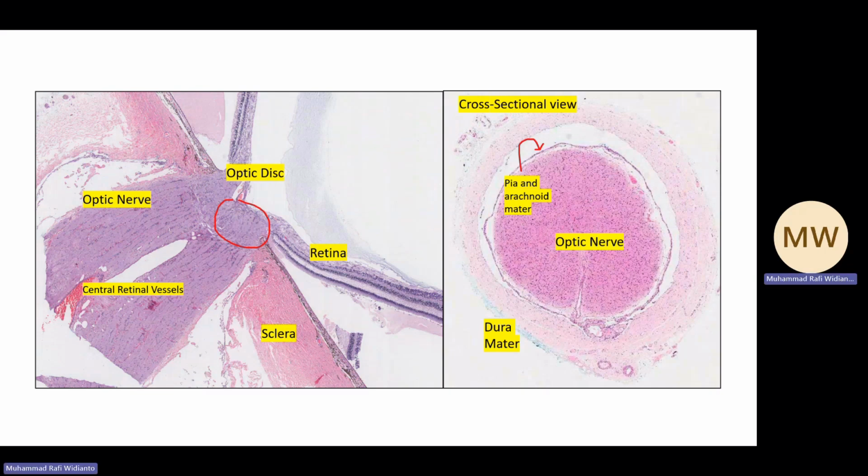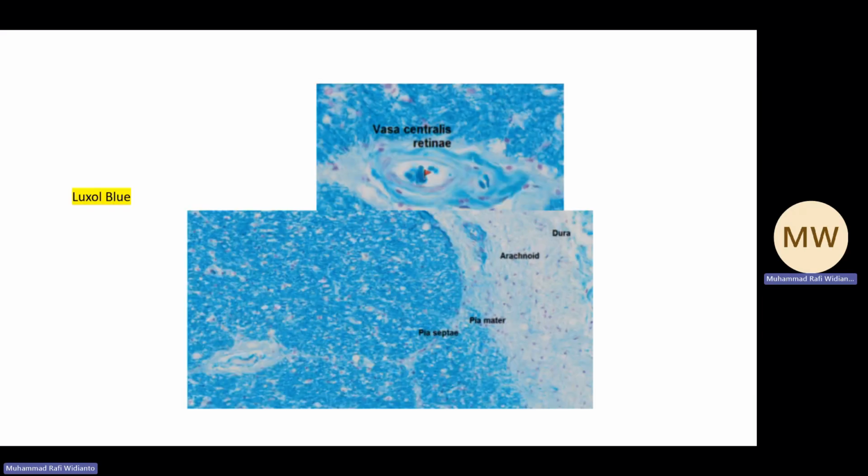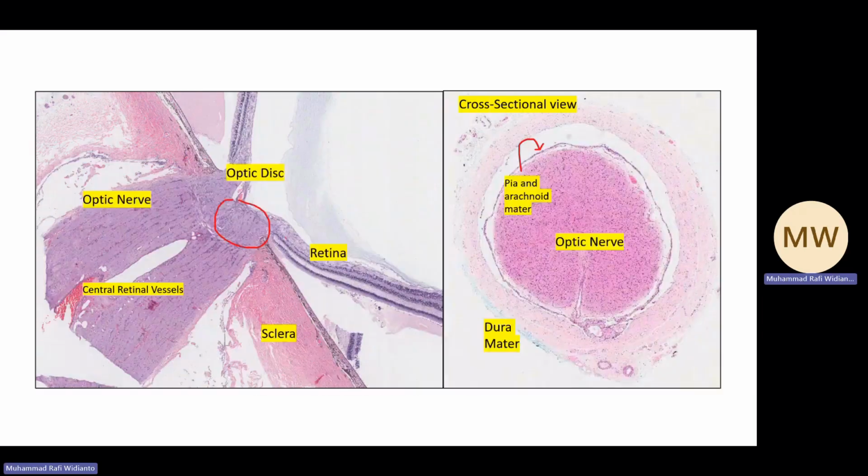And here are just more slides of the eye. So we have the posterior view of the eye, and we have the longitudinal on the left. And we can also see these central retinal vessels that I also showed you in the previous slide over here, which basically supply the eye and the optic nerve.